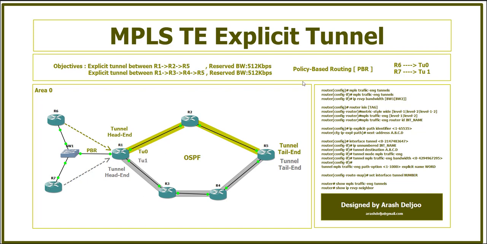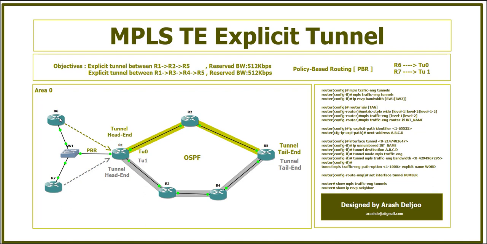Here we can use policy-based routing. You learn about PBR in the CCNP routing course. If you want, you can watch my video about PBR in other courses. In PBR, we can configure a policy in R1, and R1 compares traffic against the policy we configure on the input interface.